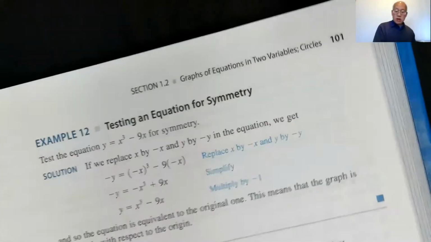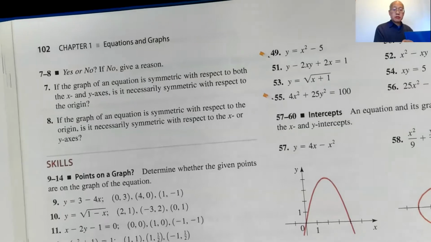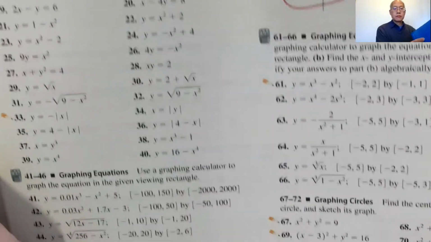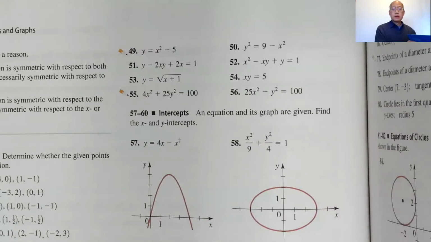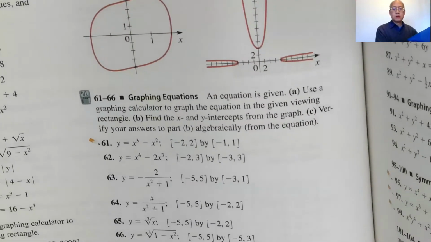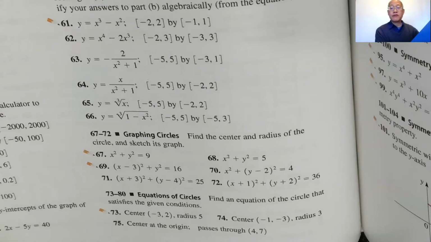This is section 1.2. So let's go over the homework for section 1.2. Okay, so we have to start with problem number 9. On page 102, here we are. $73 and $75 there on the bottom.